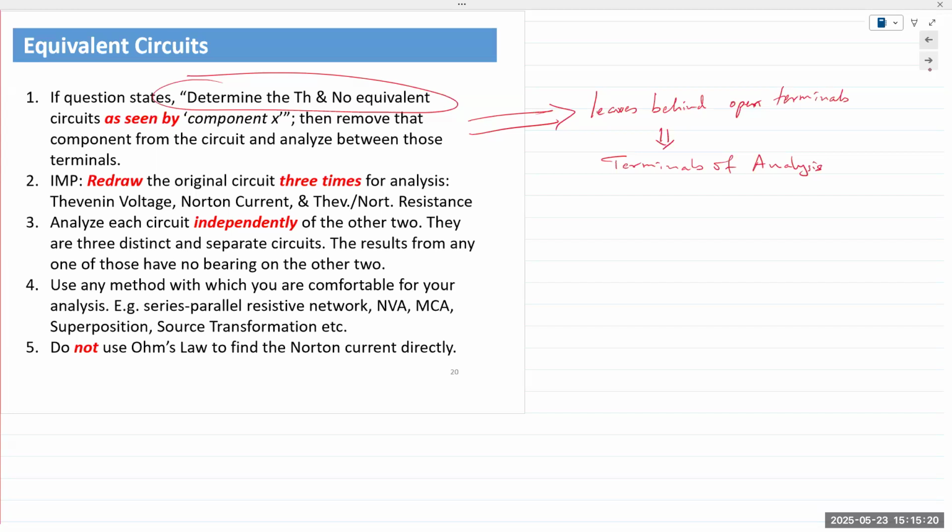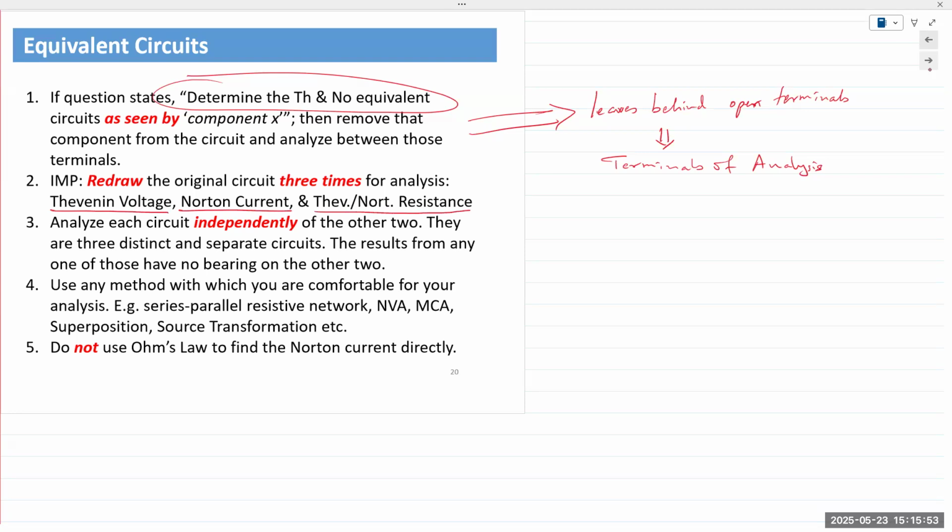Now, we need to determine three quantities: Thevenin voltage, Thevenin resistance, and Norton current. Okay. If it just asks Thevenin circuit, then you only need two. If it just asks for Norton equivalent circuit, then you just need a Norton current and Thevenin resistance. But for all intents and purposes, every circuit that I'm going to bring up is going to require all three.